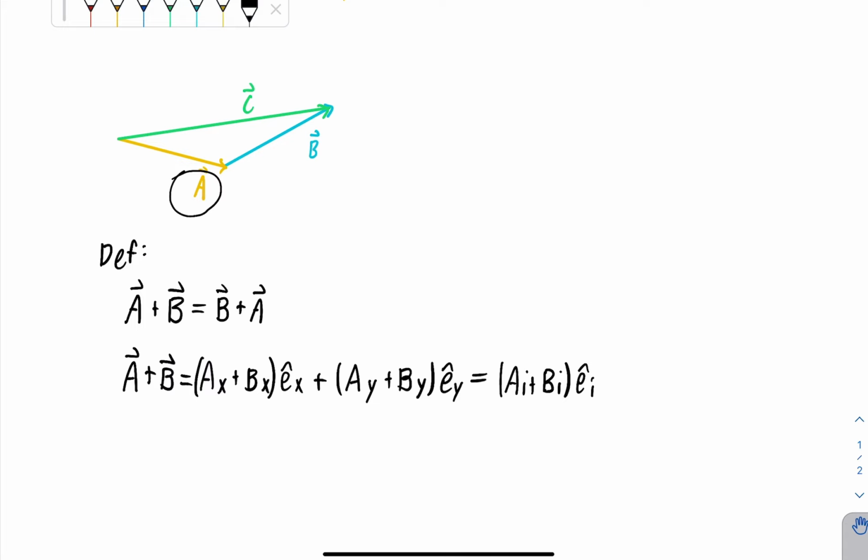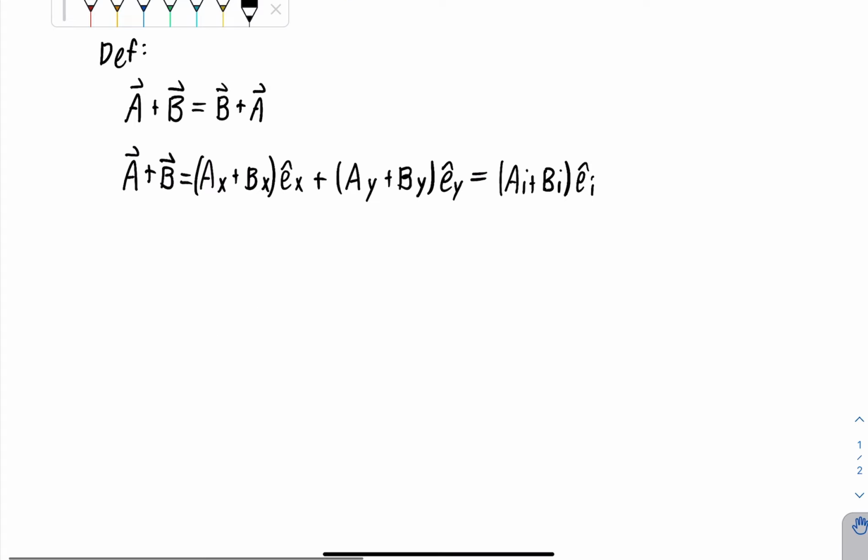So if A is a vector and B is a vector, then we can also define something called linearity if we have alpha and beta as constants. We can build something called a vector space that we're going to be working with by exploiting this property of linearity.